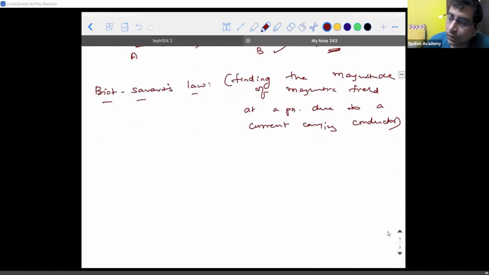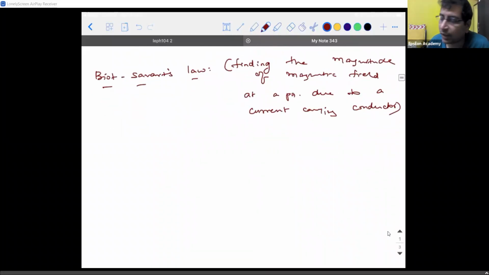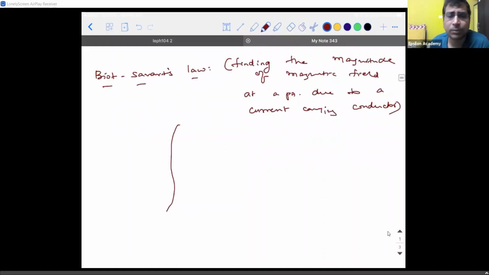Okay. So let me explain what exactly happens. Suppose I have a current carrying conductor of some random shape. It is neither a straight conductor nor a circular one. It is of some random shape. And let's say the current is flowing in the upward direction, and I have a point P here at which I'm interested to calculate the magnetic field due to this kind of system.